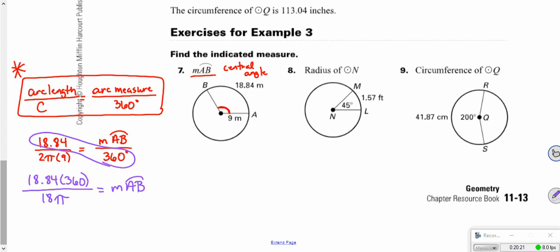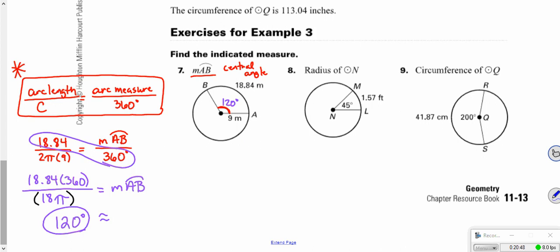If I poke that in a handy dandy calculator, I get approximately 120 degrees. Now again, be careful if you're poking this in a calculator, you're going to need parentheses around anything you're dividing by. Be forewarned on that.